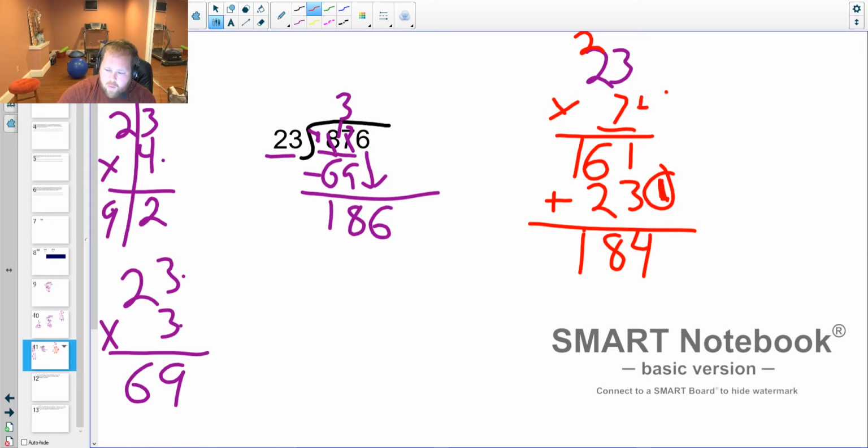So 7 plus 1 is 8. So 38, minus 184 equals 2. 38, remainder 2.